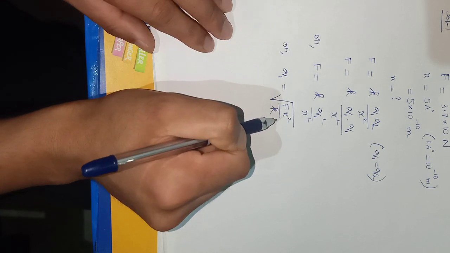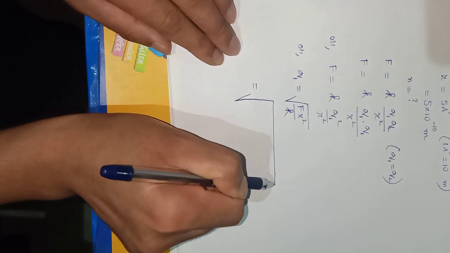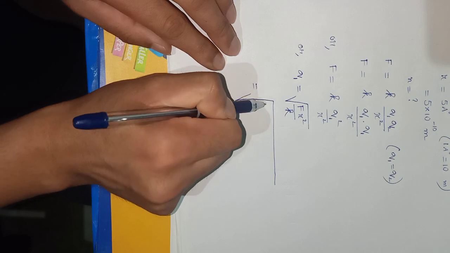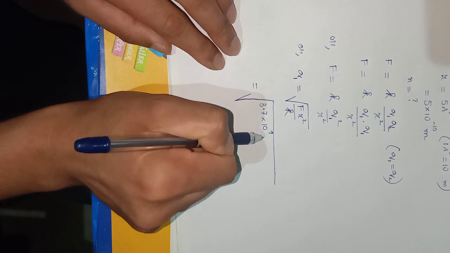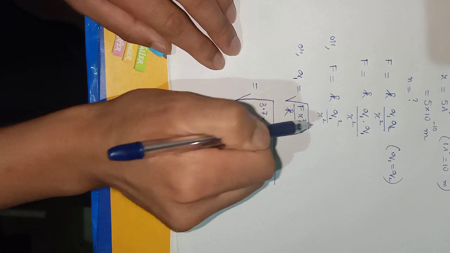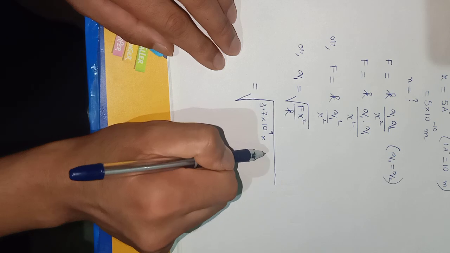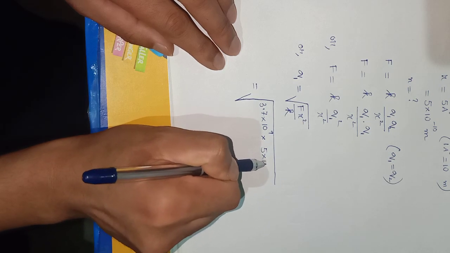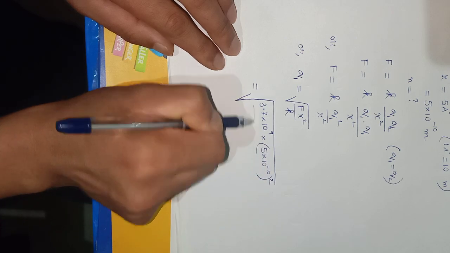Now let us substitute the values. F is given to be 3.7 into 10 to the power minus 9 Newton. R is given to be 5 into 10 to the power minus 10 meters, so R square means 5 into 10 to the power minus 10 whole square.